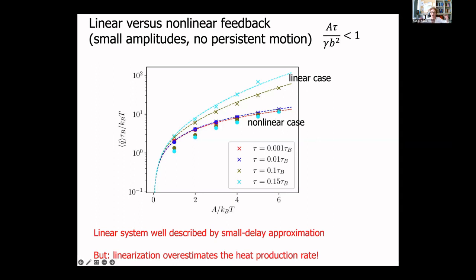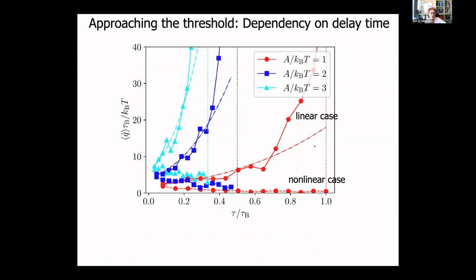The reason being, the linear case means we have this inverse parabolic, which gives much larger forces than our actual repulsive Gaussian. So what happens now if we approach the threshold? Again, there's a large difference between linear and nonlinear feedback. In the linear case, I'm sorry for this data here, we see actually a divergence of this Q dot as a function of delay time, but not in the nonlinear case.